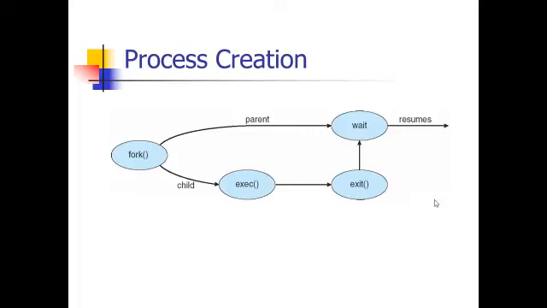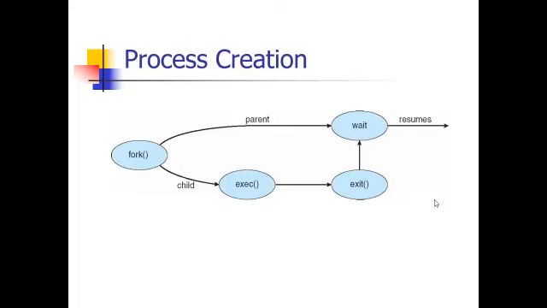So when a child process exits, then the parent can start its execution, or the parent process can terminate. It depends on the situation and the task assigned to a particular child process.